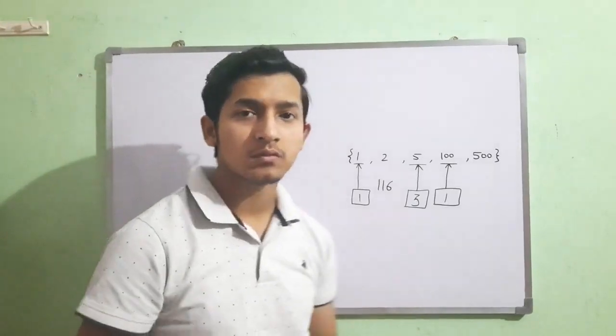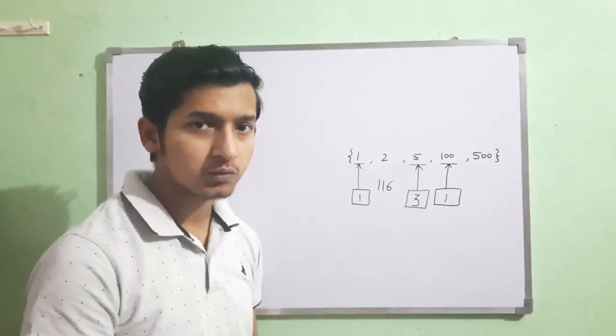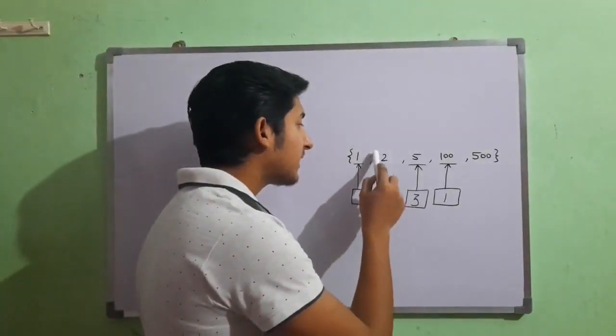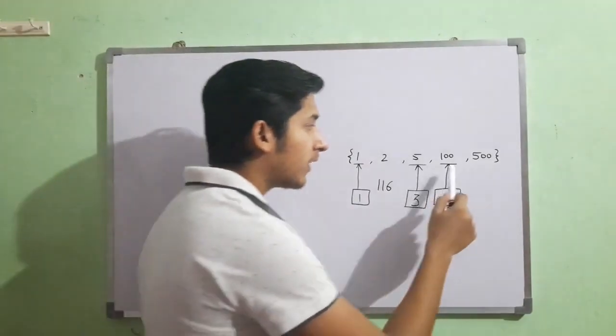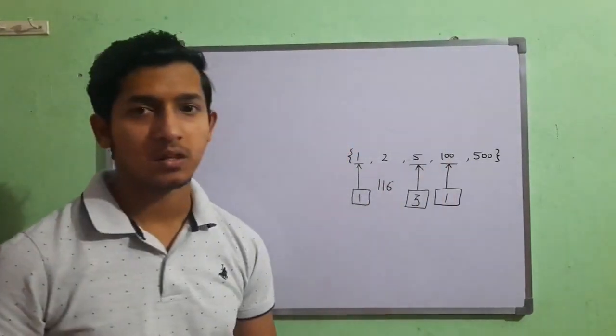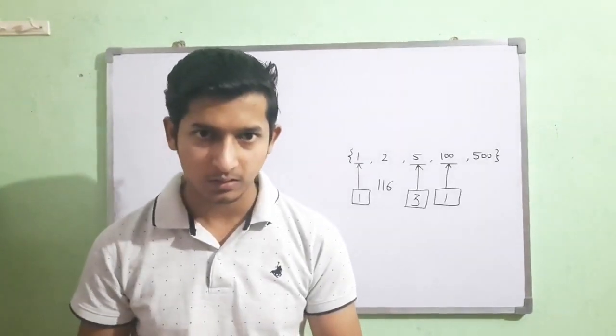Why do I do this? In practical life, if I want to carry 100 value, I won't prefer taking 100 coins of value 1. I would prefer carrying 1 bill of value 100. I want to minimize the number of coins or bills.